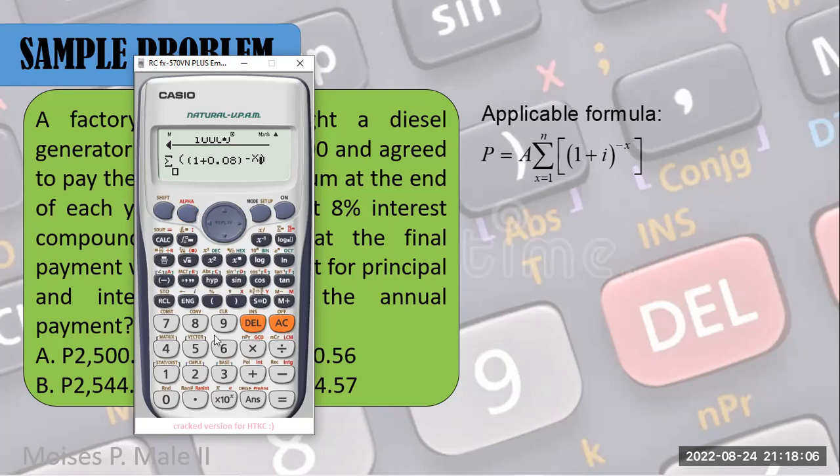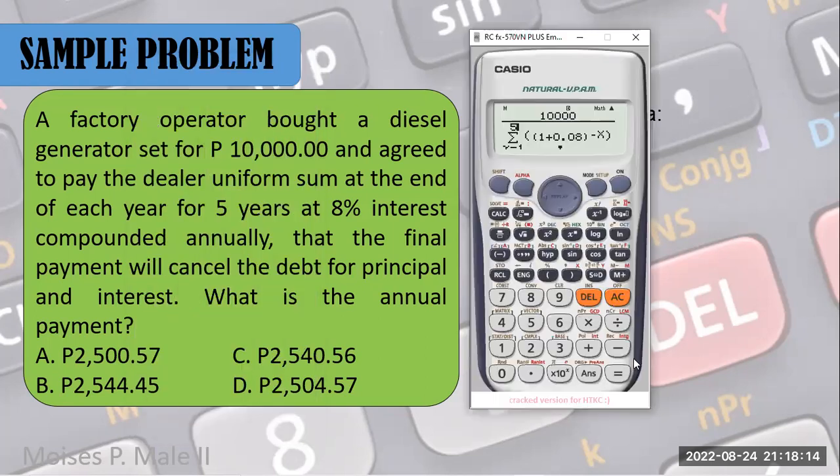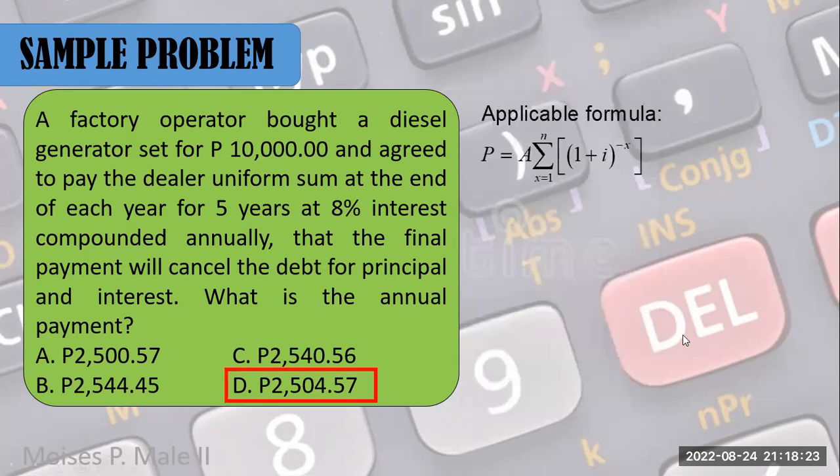So from x equals to 1 to 5, present worth. So 2504.56. So wow. So the correct answer is letter D.